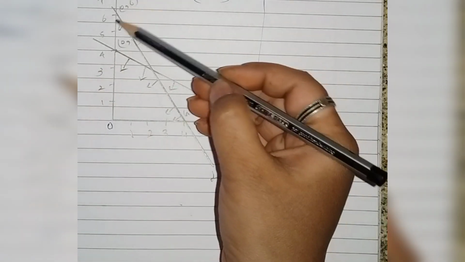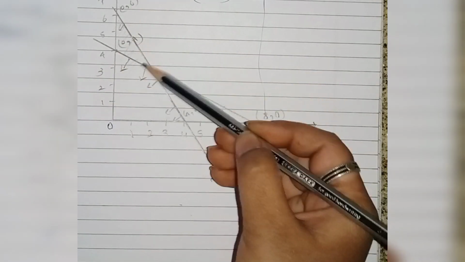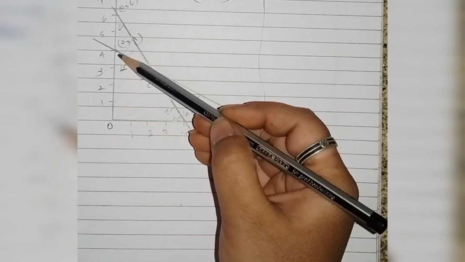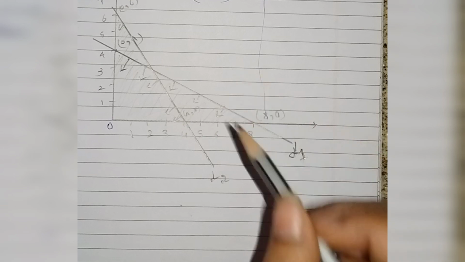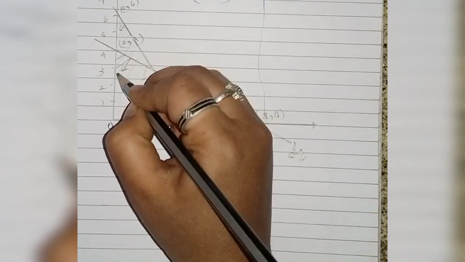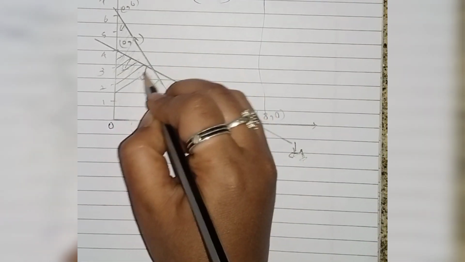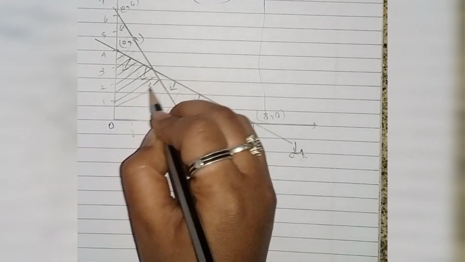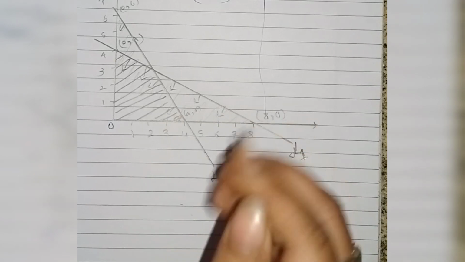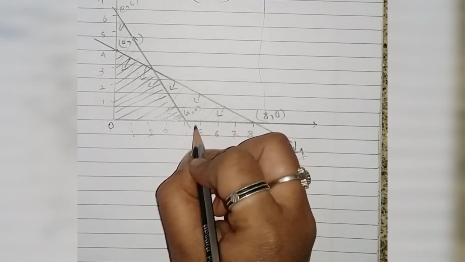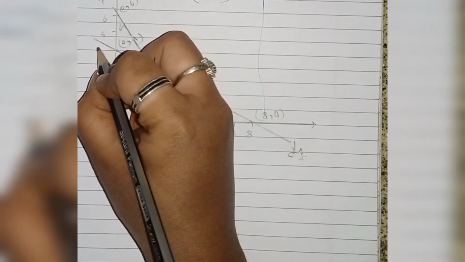So if we try to shade, this will be like this, and if we shade this, this will be like this. So this is the feasible region of these constraints.